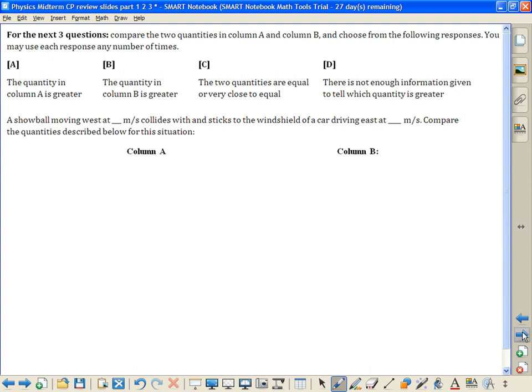A snowball moving west at a number not given, let's make something up, collides with and sticks to the windshield of a car driving east at, let's make something up. Compare the quantities described below for this situation. Okay, what sort of questions would I ask you about this?